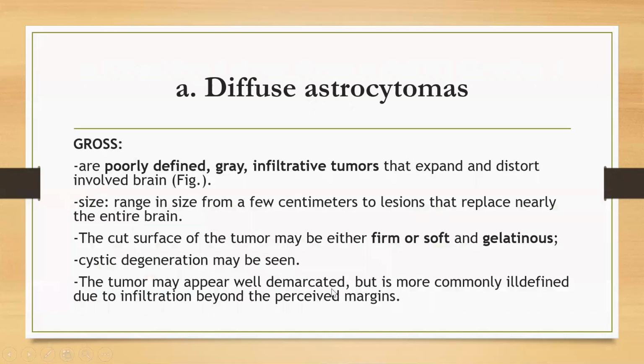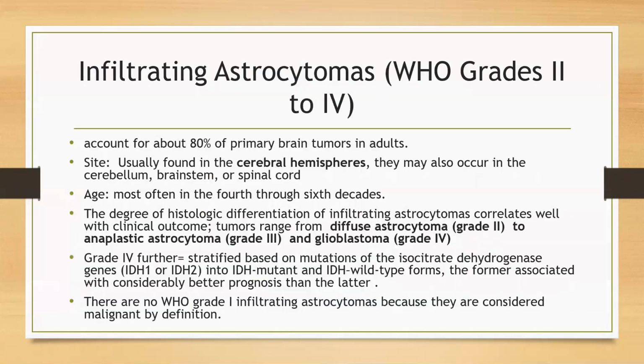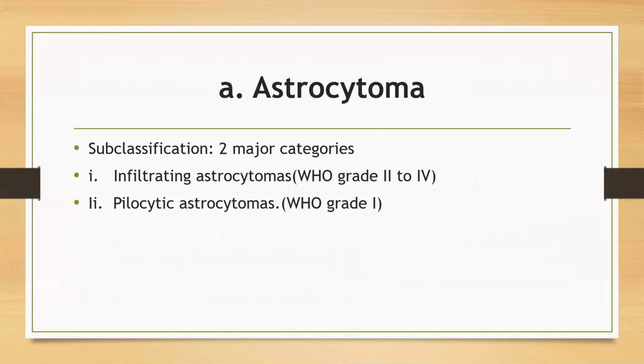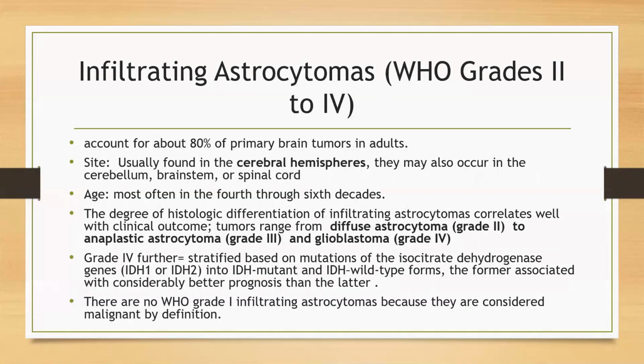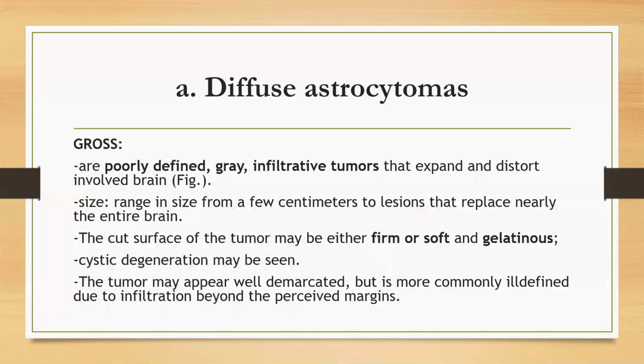First of all, talking about diffuse astrocytoma, that is grade 2 astrocytoma. What is the gross appearance of diffuse astrocytoma? They are poorly defined, gray, infiltrative tumors that expand and distort the involved brain.